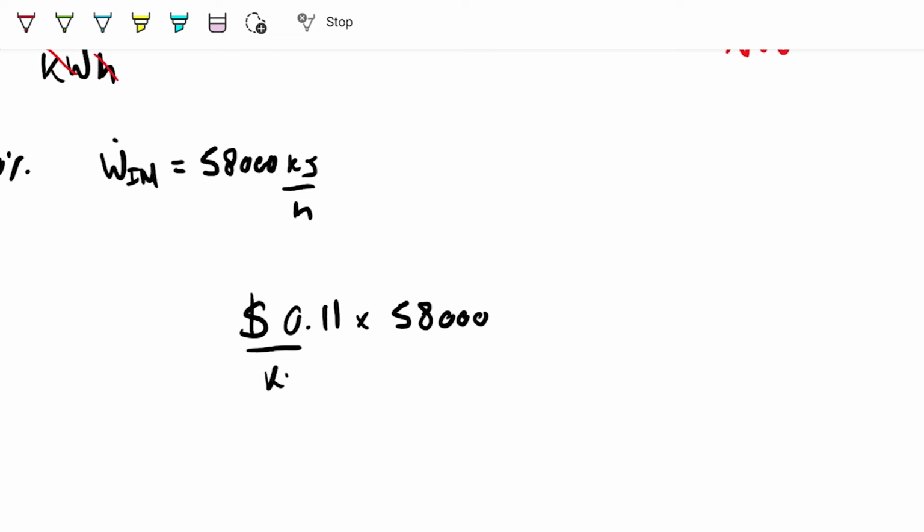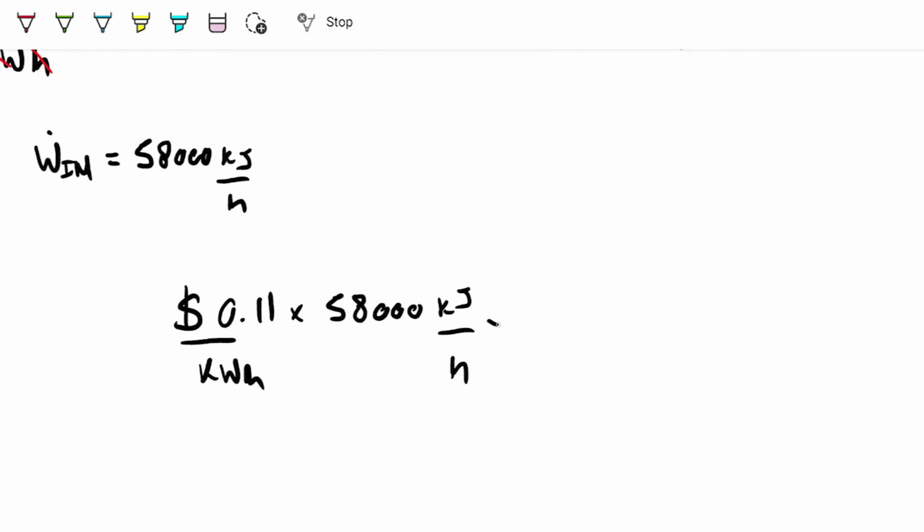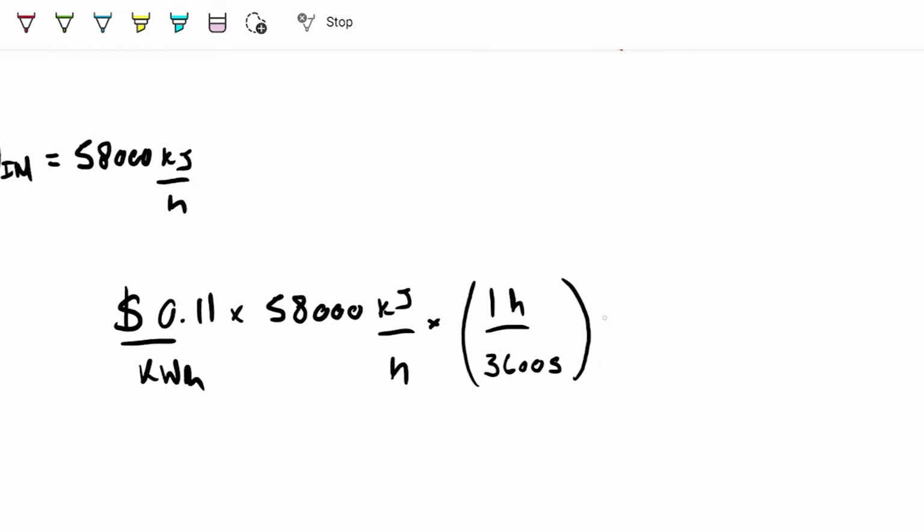This is per kilowatt hour. 58,000 kilojoules per hour. And you multiply this by, I have 1 hour for every 3,600 seconds. So this gives me now kilowatts, and I need to multiply this by 1 day, which is 24 hours.